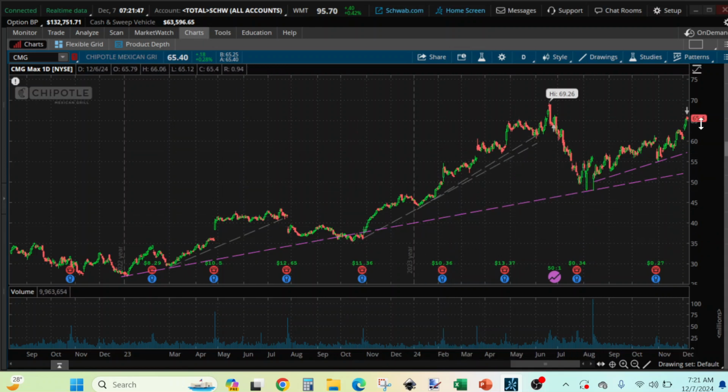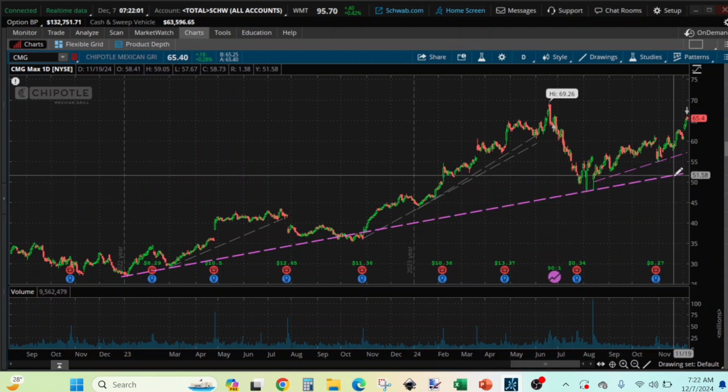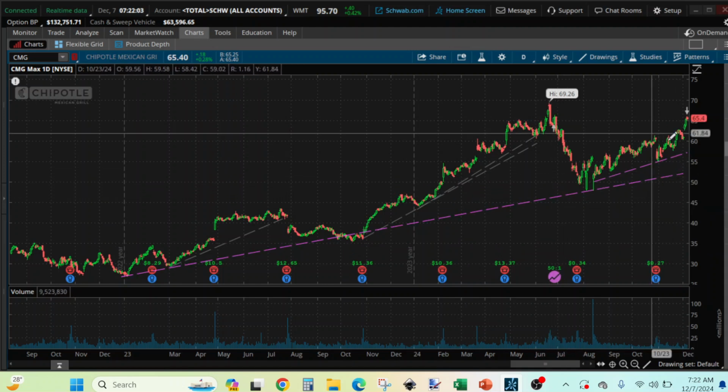So we are just going to wait to buy on either one of those trend lines, but clearly it tends to come back to this long-term trend line, which will be the more conservative way to enter this trade.